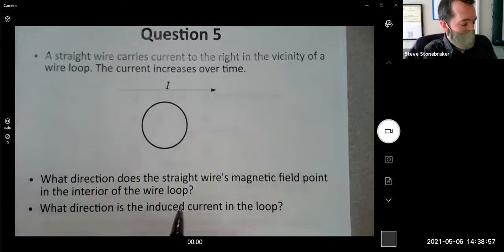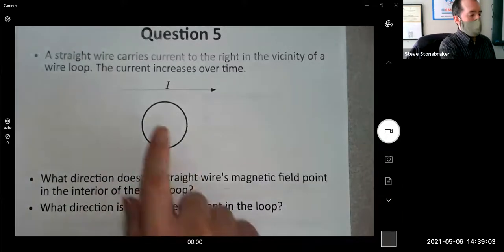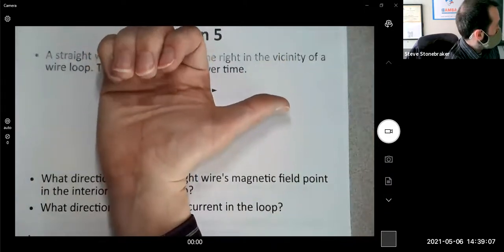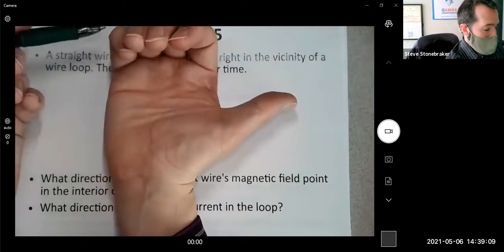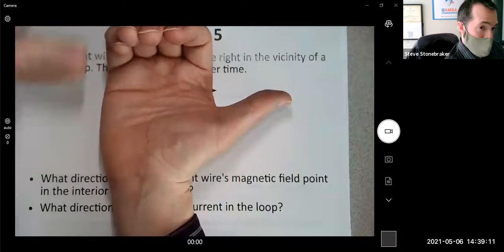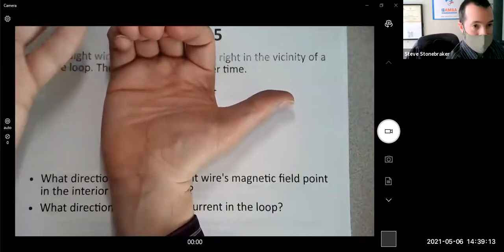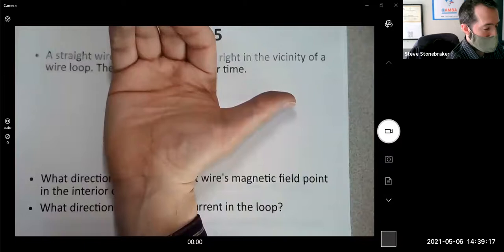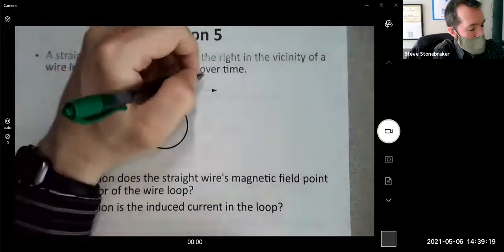So I'm going to answer part of this. I'm going to deal with the field from the wire first. But I know that current goes to the right. So that means that the field it creates in the space above it is dots coming out of the page. And the space below it, it's X's going into the page.